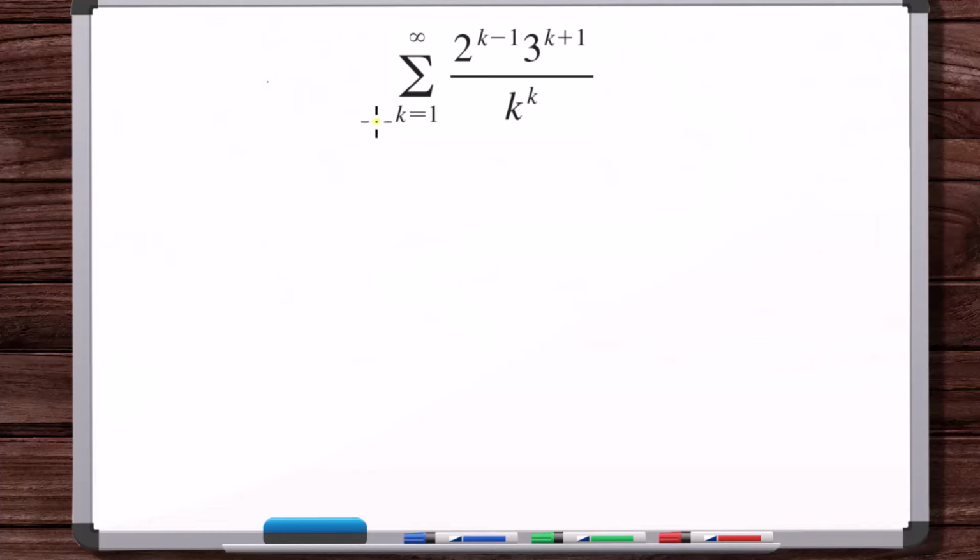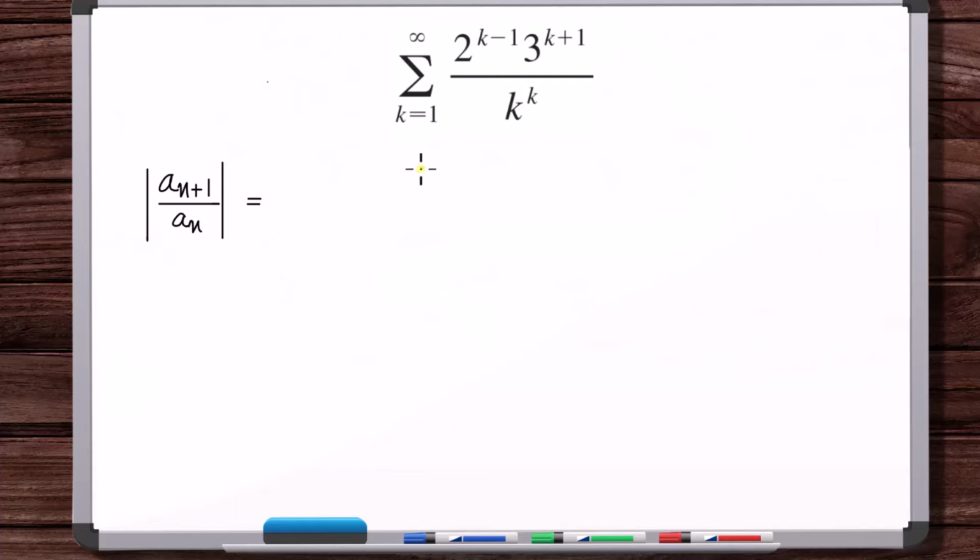So yes, this looks like a typical ratio test problem. The ratio test is you take the absolute value of a sub n plus 1 divided by a sub n. We don't need to think about the absolute value here, because this is always positive as k goes to infinity.